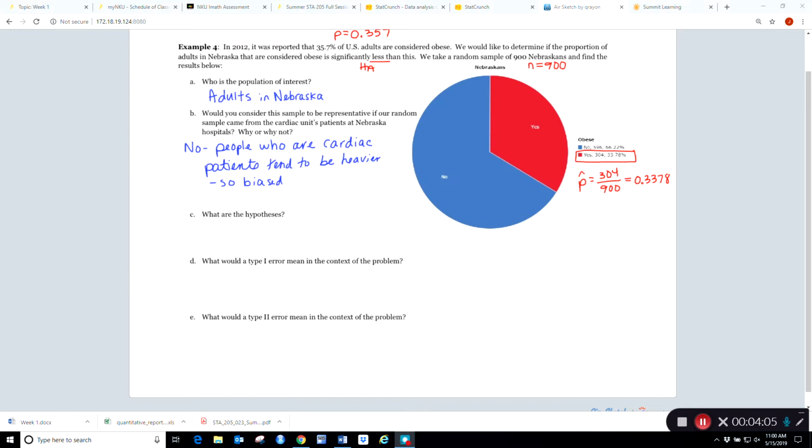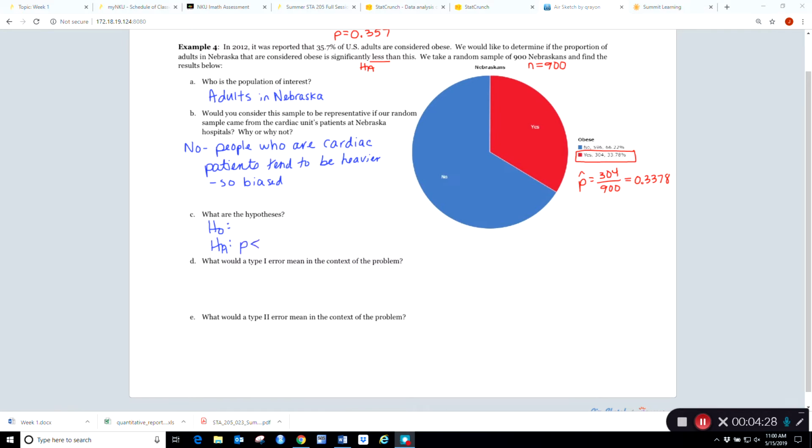Now getting to the newer stuff inside this module. What are the hypotheses? I'm asking you to come up with our null and our alternative hypothesis. Remember the alternative, we kind of labeled something up here. This less than was going to help us with our alternative. So we want to see if p is less than something.